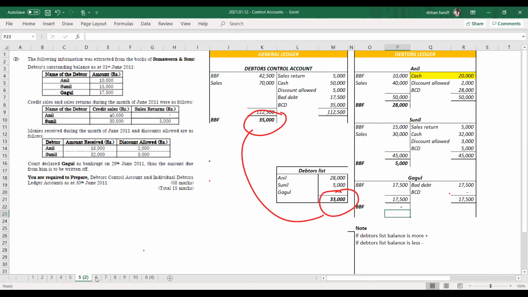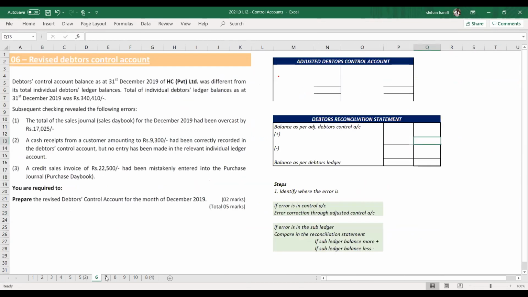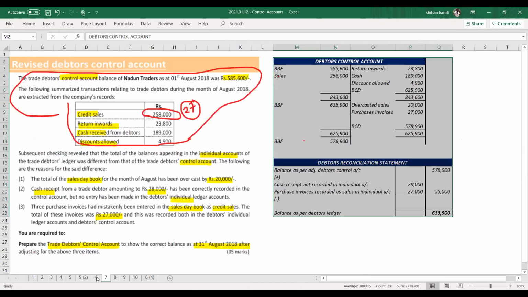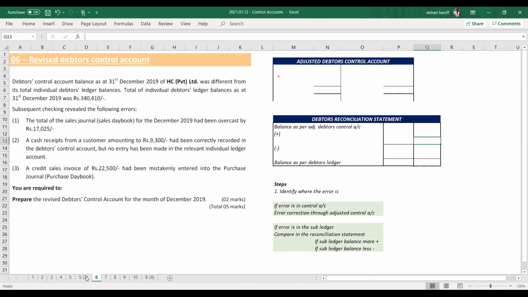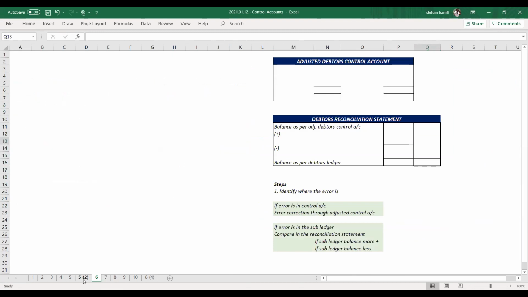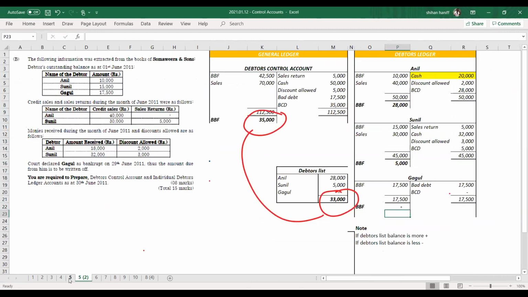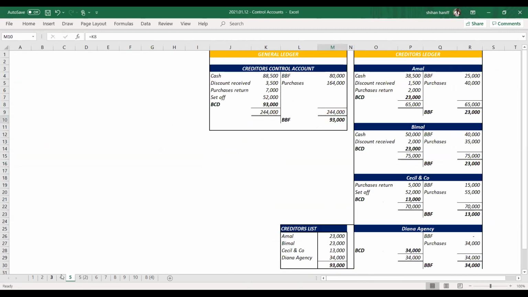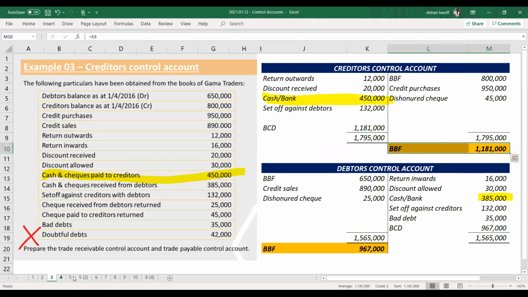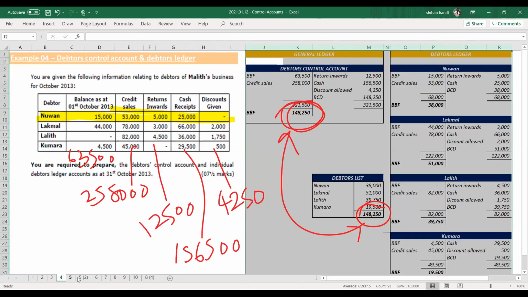In the next class, I will explain the revised control account and the reconciliation statement. Is it clear? Basic.